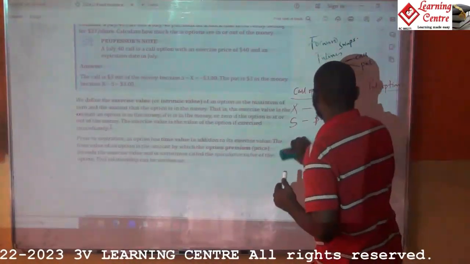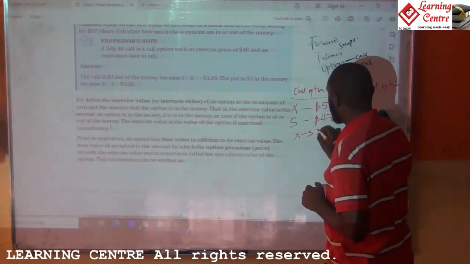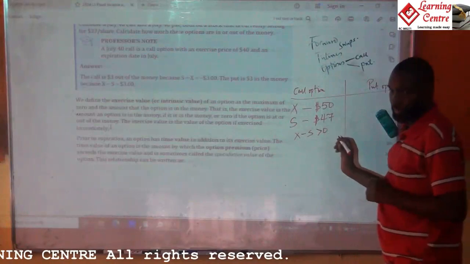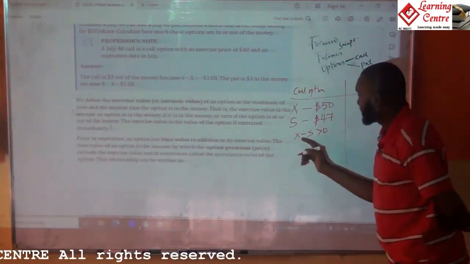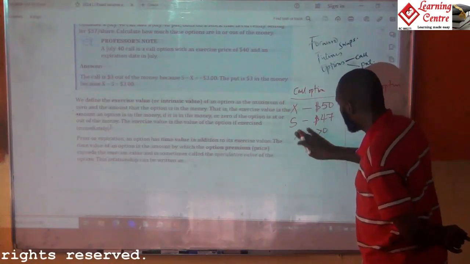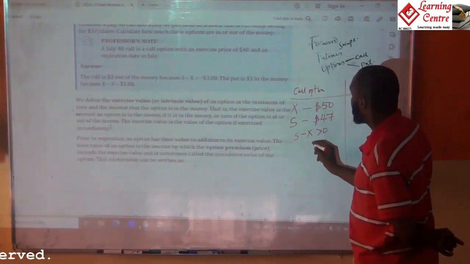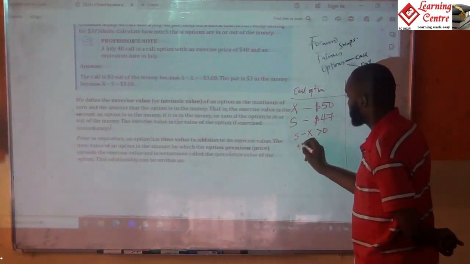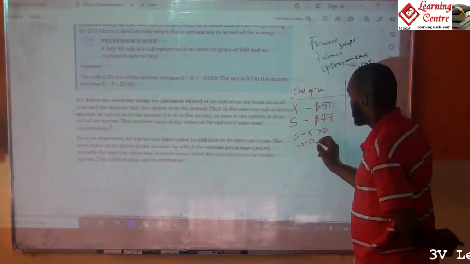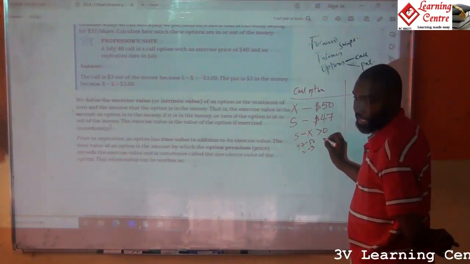So in your note, you'll be seeing S minus X greater than 0. If this is negative, in this case, 47 minus 50 is minus 3.